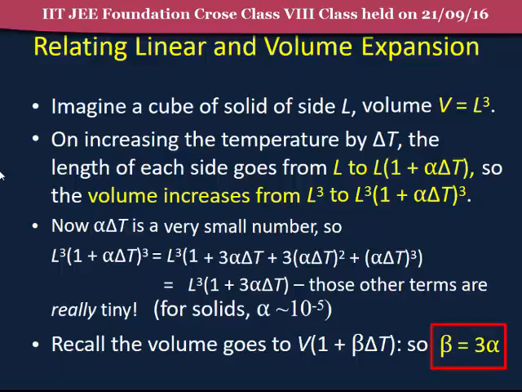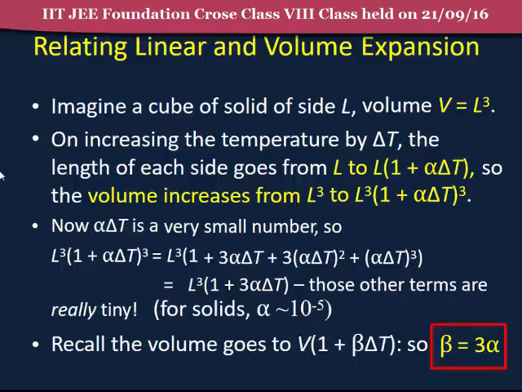So here we expand the whole cube. That is a simple formula you know: (A plus B) whole cube equals A cubed plus 3A squared B plus 3AB squared plus B cubed. The del T square and del T cube terms are neglected. So ultimately we get L cubed times (1 plus 3 alpha del T).